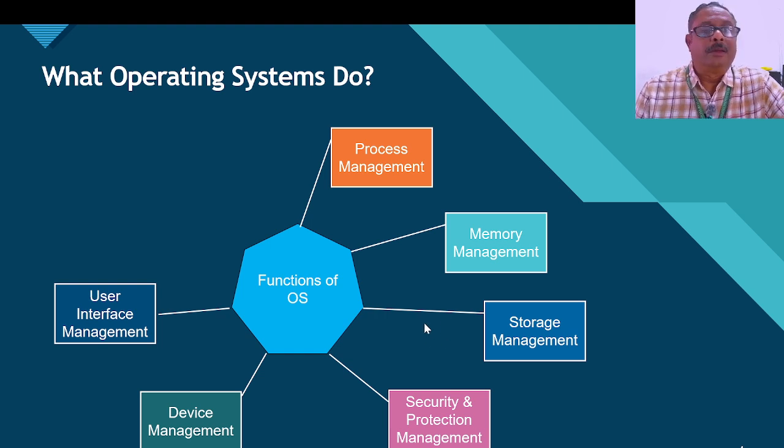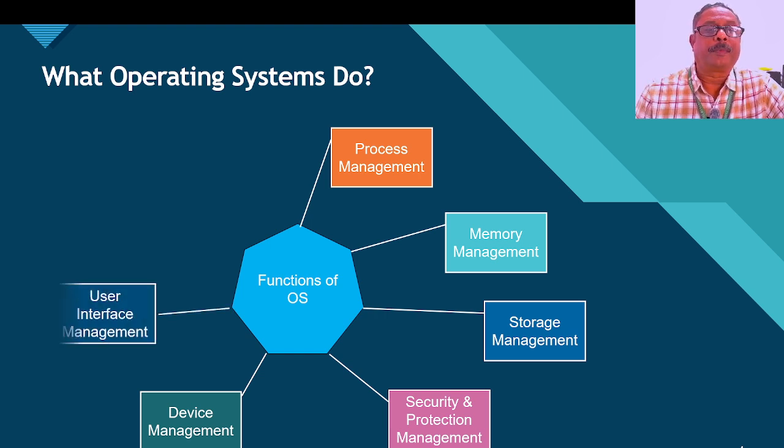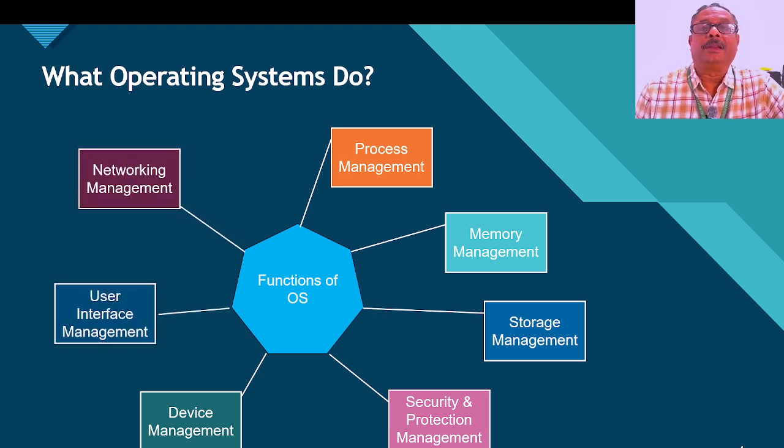So with time, the human and computer interaction is becoming more and more sophisticated, and for that we need better user interface management, and that's taken care of by this part of the operating system. Then finally we have multiple systems connected with each other.